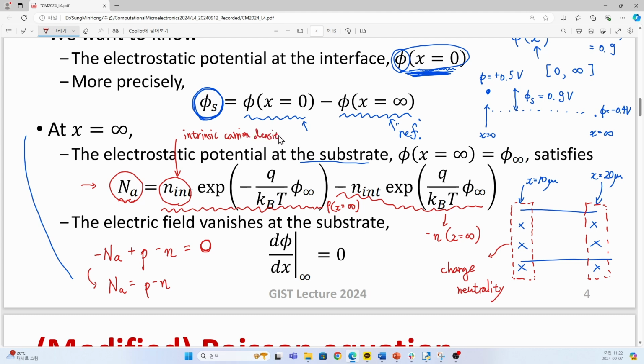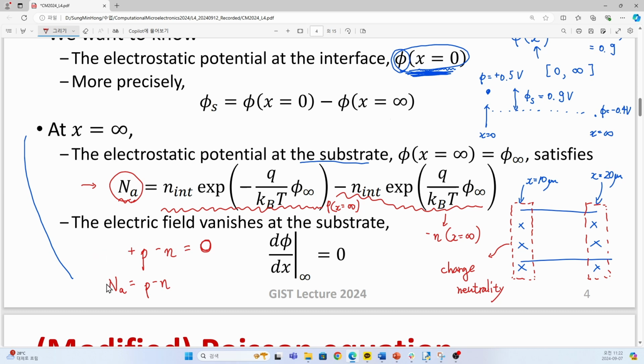Of course, this quantity is dependent on the temperature. For example, in the case of silicon, at 300 Kelvin the intrinsic carrier density would be about just 10 to the 10 per cubic centimeter. So we will treat this intrinsic carrier density as a known material parameter. We do not care about it any further, and our goal is just to calculate the electrostatic potential.